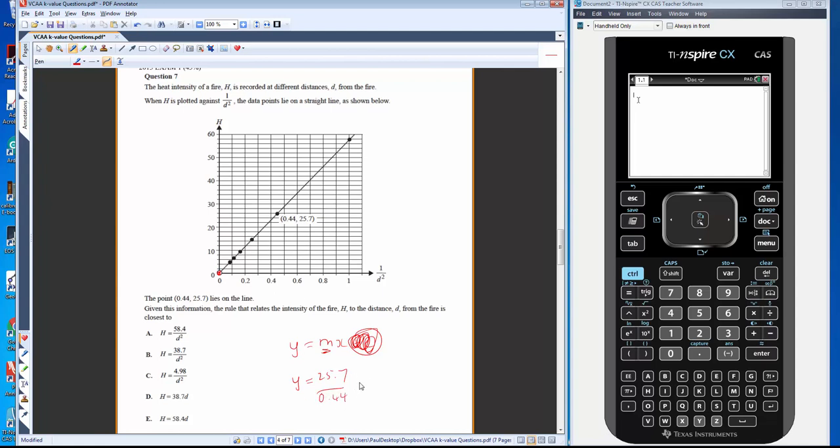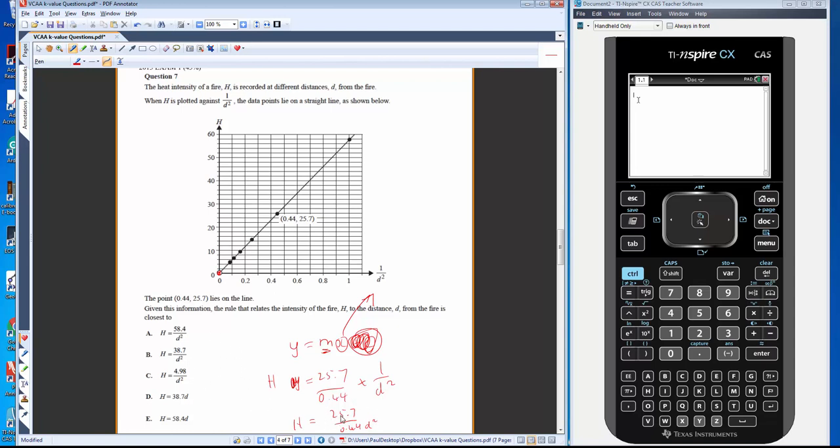And we're multiplying that not by x though, so I'm jumping a step here. We're multiplying it by 1 on d squared, and it's not y, it's h. Can't see any of that there, so let's multiply it out: 25.7 over 0.44 d squared. Again, can't see that there anywhere.